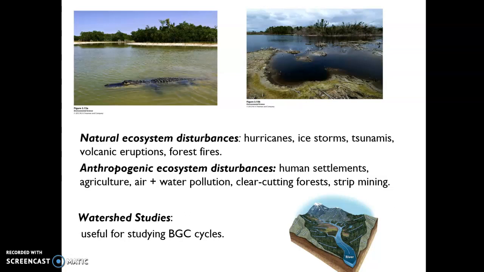So, for example, in Florida, they have the mangroves, and mangrove forests are all along the coastline, and they protect the inland parts because when a hurricane comes through, they're able to absorb a lot of that force of energy, that wind energy, and that water surge that comes along with a hurricane.